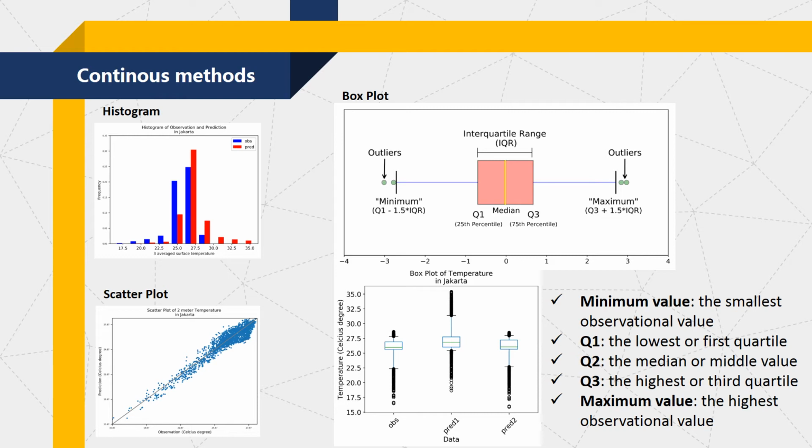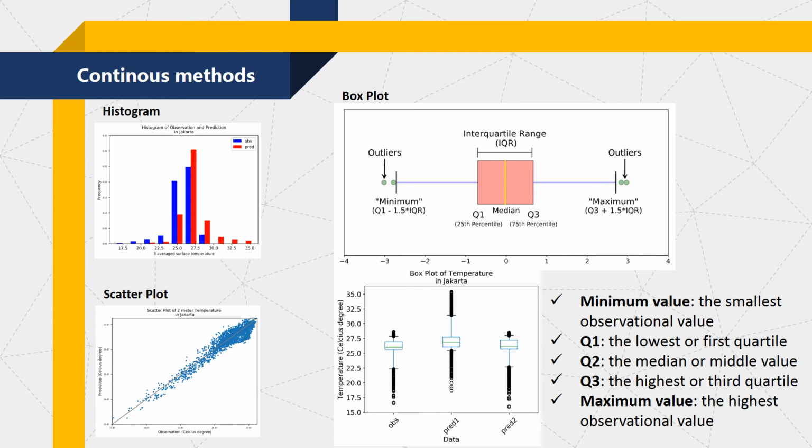The histogram is the most famous method to exhibit the distribution of the data, which is shown in the upper left corner.